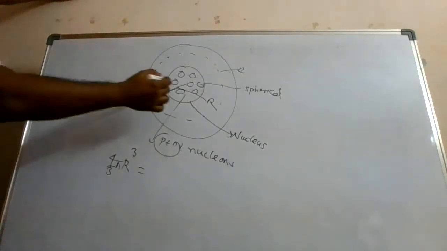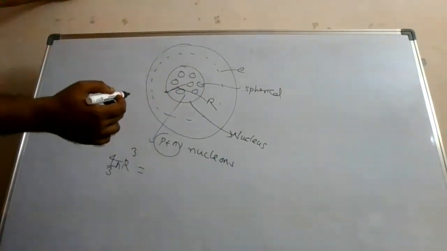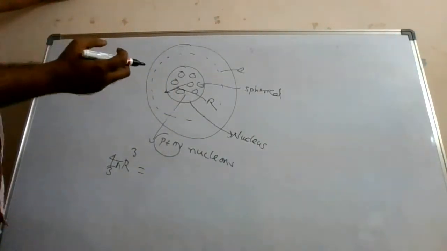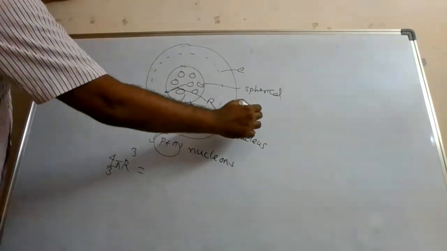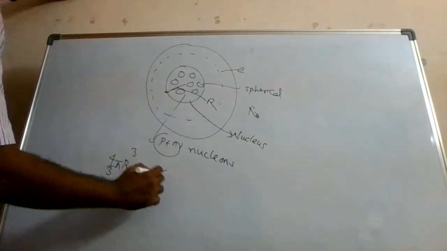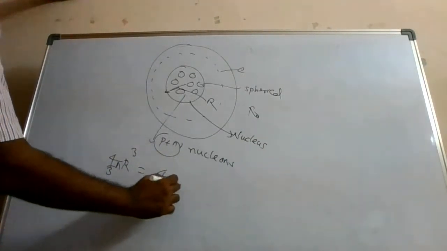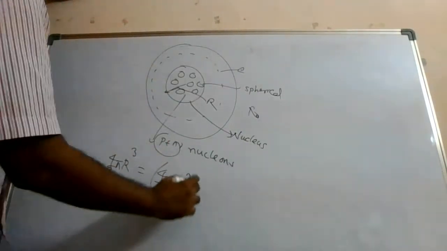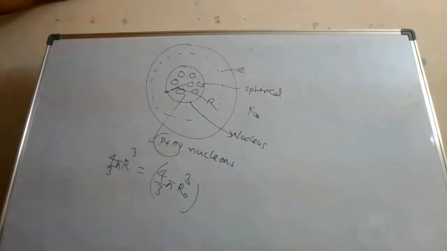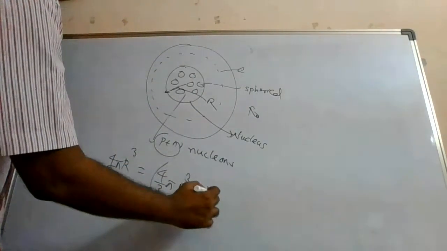So here you have neutrons and protons. Let us say they are also like particles. They will have some radius. Let us say their radius is r0. So it will be 4/3 pi r0 cube. This is for 1 piece, multiplied by n plus p, isn't it?